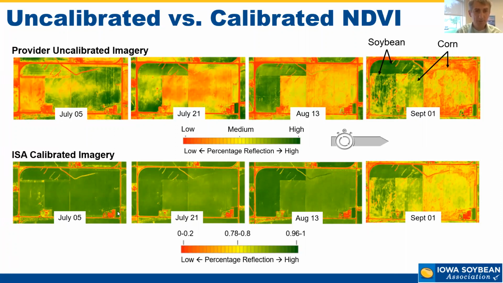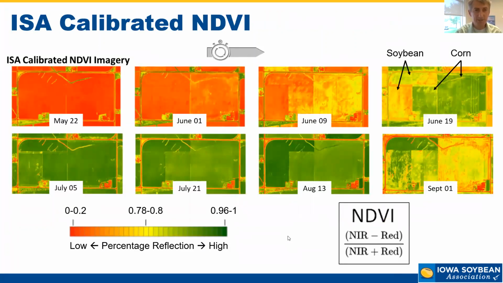Here on the bottom, you notice that we have a common scale, and it's calibrated using the tarps. And now we can compare this imagery and use digital data analysis. If you want to look at the whole time series of this imagery for this specific year, for this site, this is from May 22nd through September 1st.